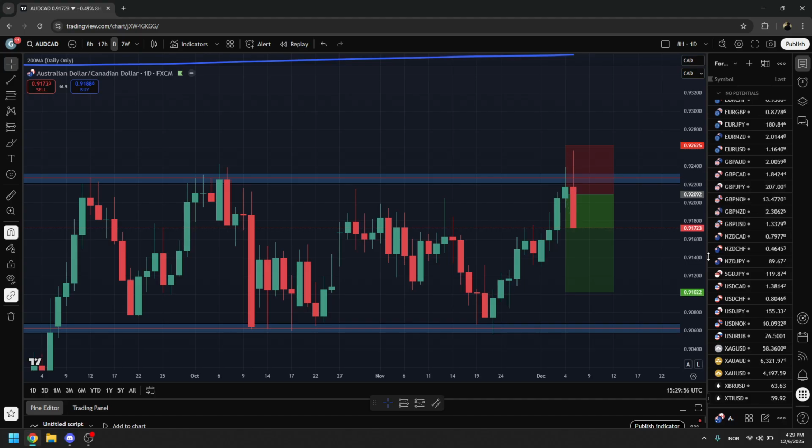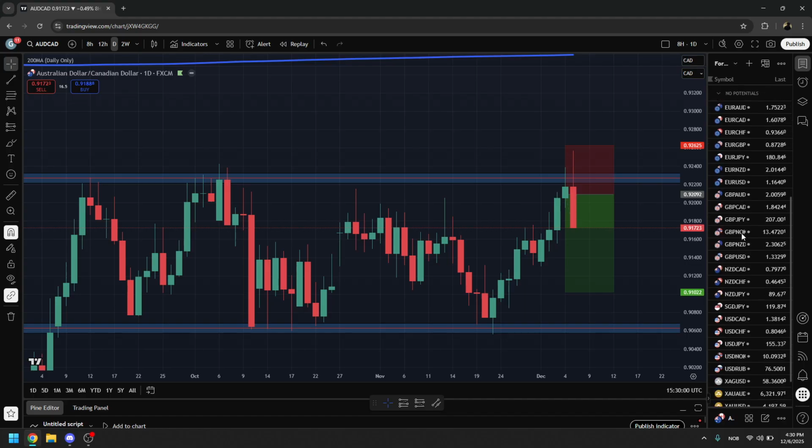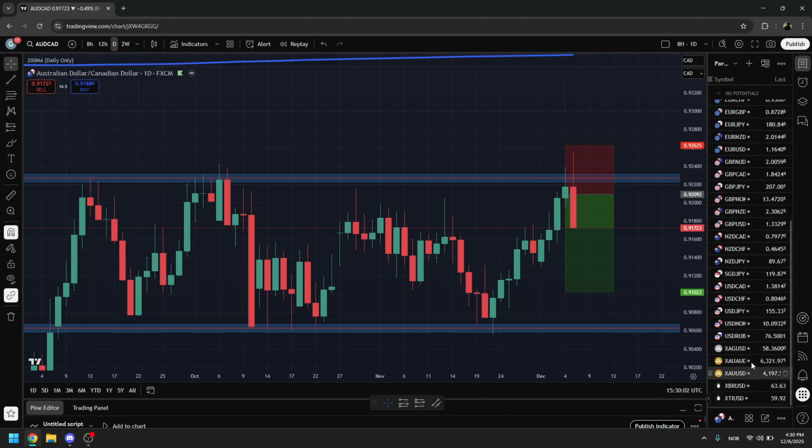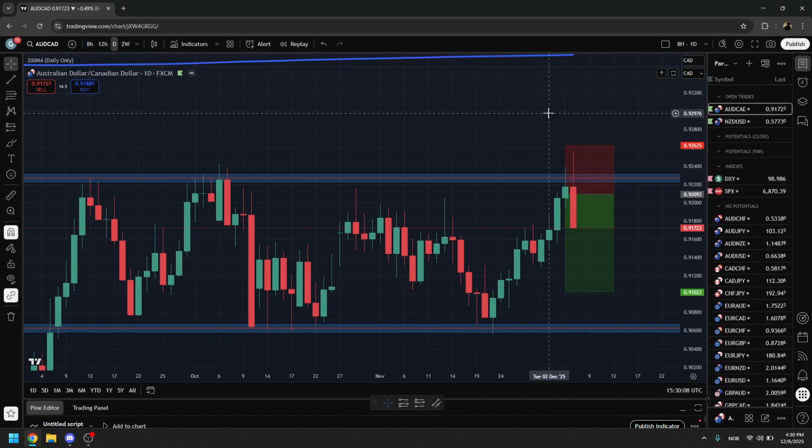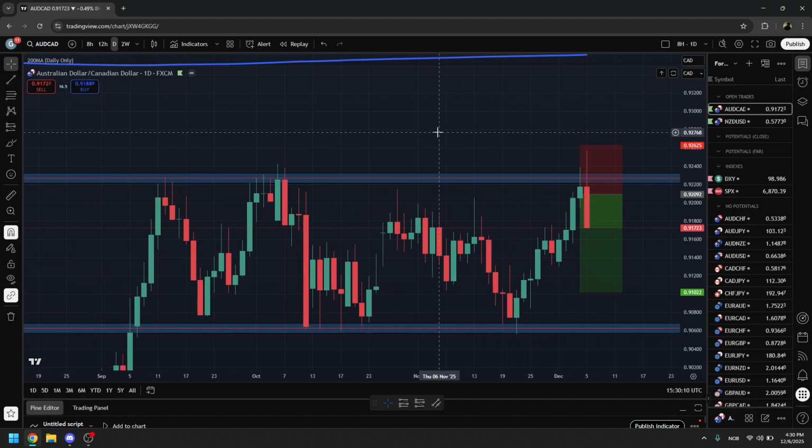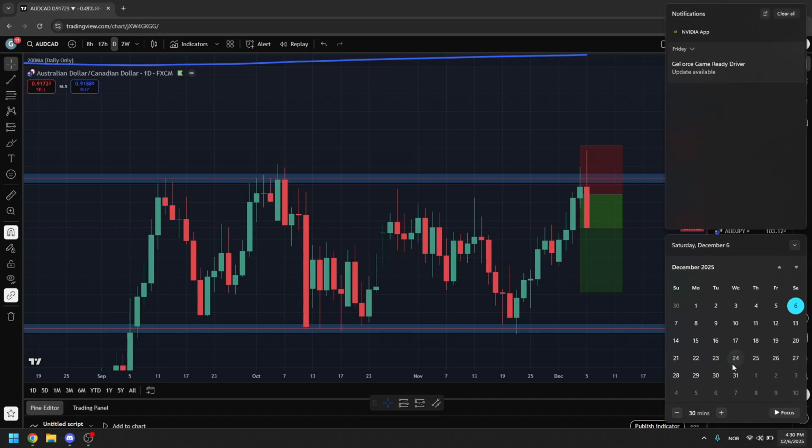And what we drew today was not good. These weren't good levels, but I just drew the best with what I could. What that signifies for me is that next week there will be fewer setups. But that's typical December, especially when we get closer to Christmas, like now, and New Year too.